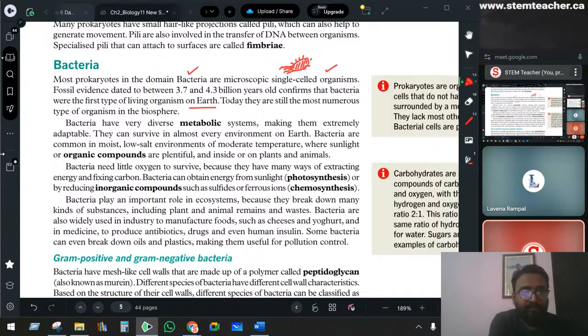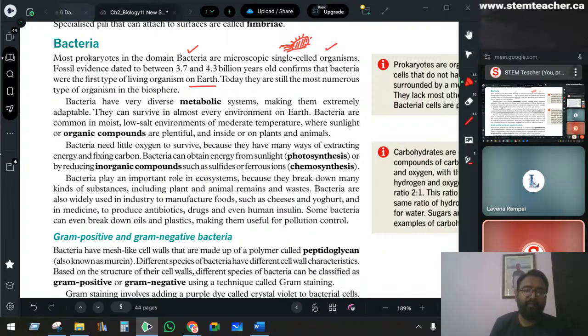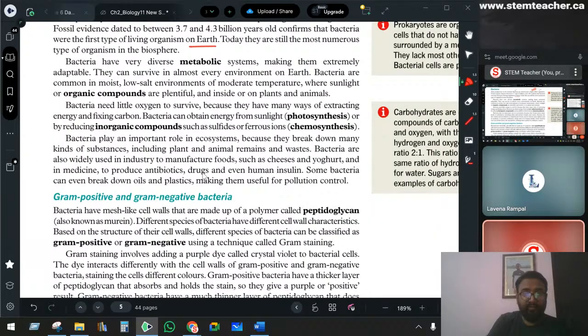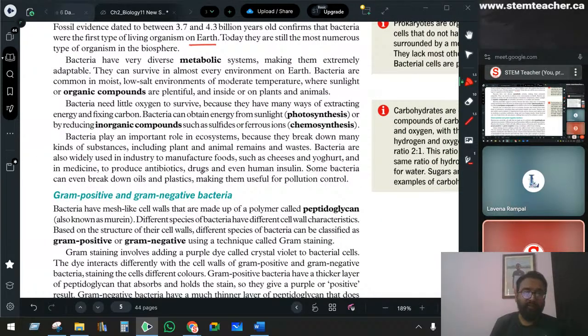In the environment, bacteria have very diverse metabolic systems, making them extremely adaptable. They can survive almost every environment on the earth. Bacteria are common in most low salt environments of moderate temperature where sunlight or organic compounds are plentiful, and inside plants and animals. Bacteria need little oxygen to survive because they have many ways of extracting energy and fixing carbon.